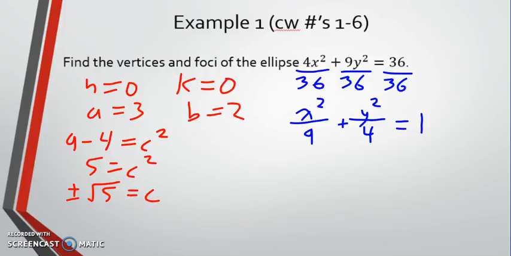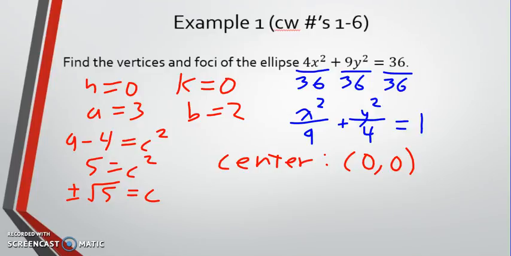Okay, so now let's actually answer what the question is asking us for. They want us to label the vertices, and the vertices start from the center of the shape, which is 0, 0. They didn't ask us for this, but it's helpful to list that out. And then we're going to stretch that coordinate in the x direction by 3.